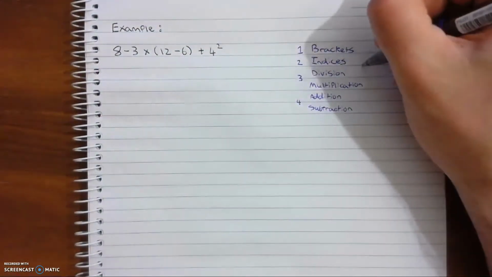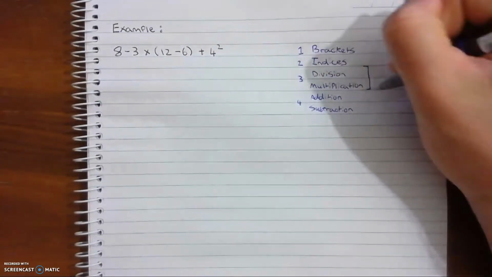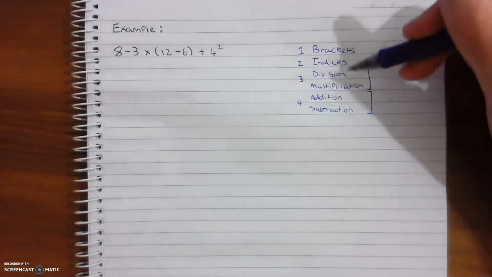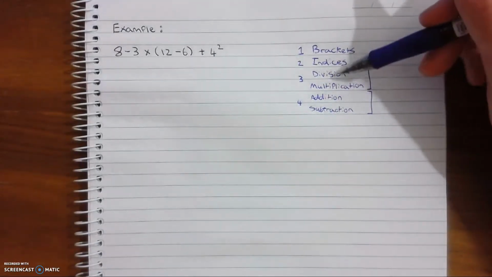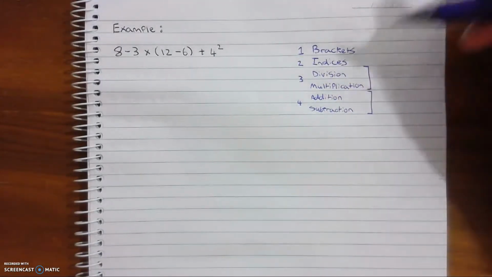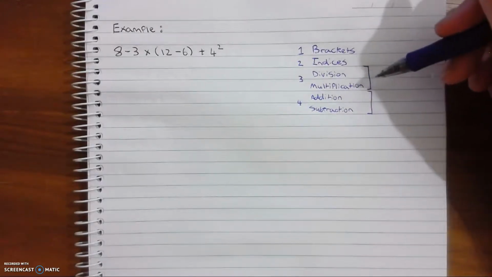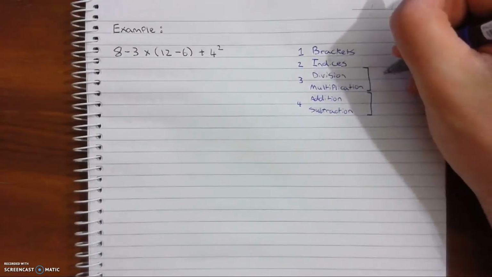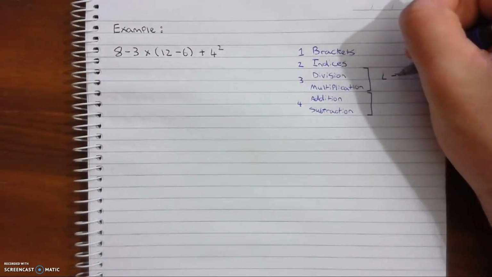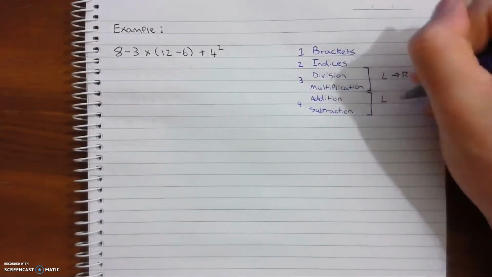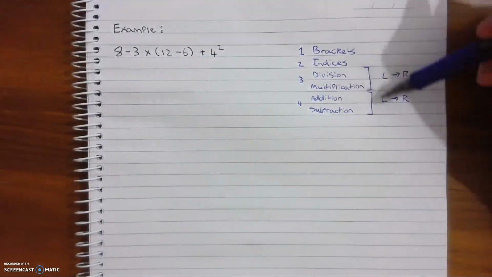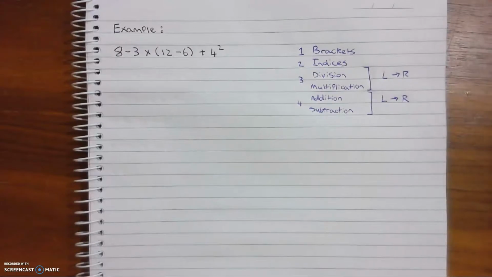What that means is that once we get to the point where we only have division and multiplication left, it does not matter which one we go with, we just have to work from the left to the right. So I'm going to put L to R, and L to R, because we know at these levels we have to work from left to right.